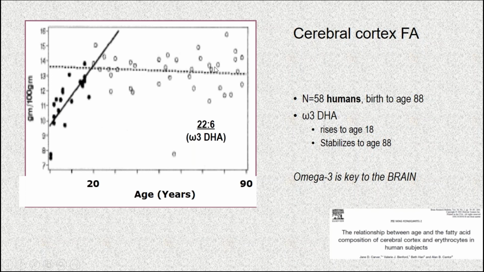And then it stabilizes. And so we are putting on DHA long after our skull is mature, our brain is at its final weight. It just keeps going up, and then we get whatever DHA we're going to have, and then we maintain it.